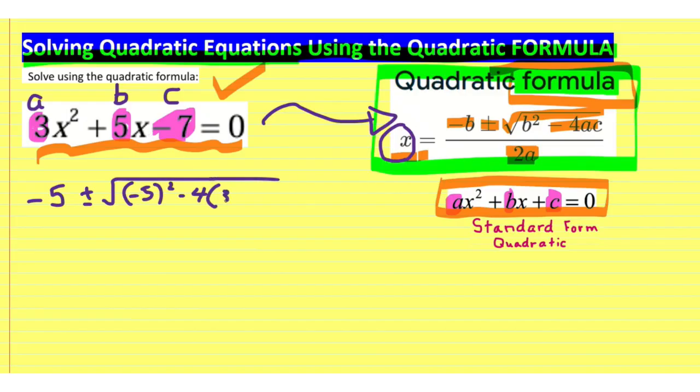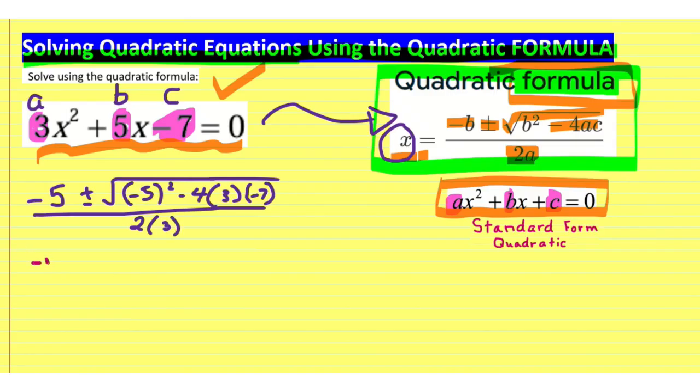So we've got 3 times the c value, 4ac, and the c is negative 7. Like I said, you keep the negative with it. Okay, and then all of that is going to be over 2 times a, and again, the a value is the 3. Then we just use order of operations to work it down.